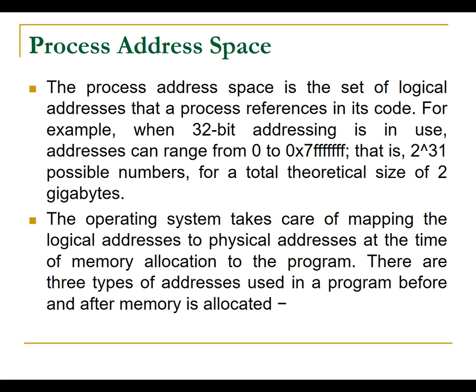Now, during the allocation of this type of address for a specific process or number of processes, the operating system takes care of mapping the logical address to the physical address at the time of memory allocation for a specific program.